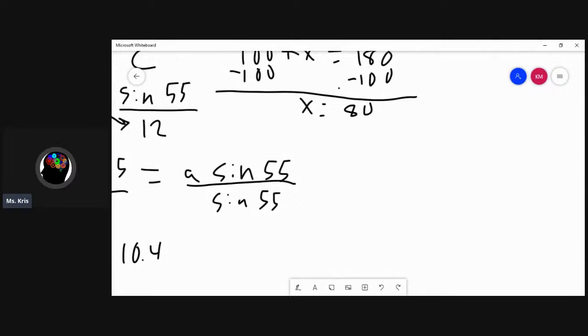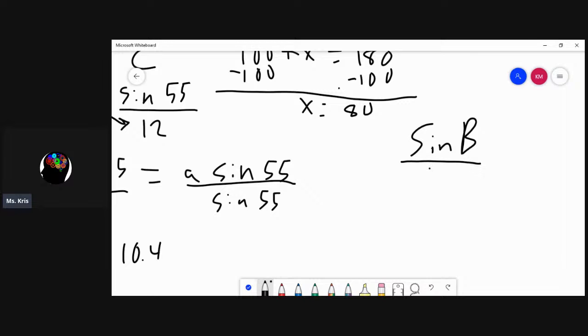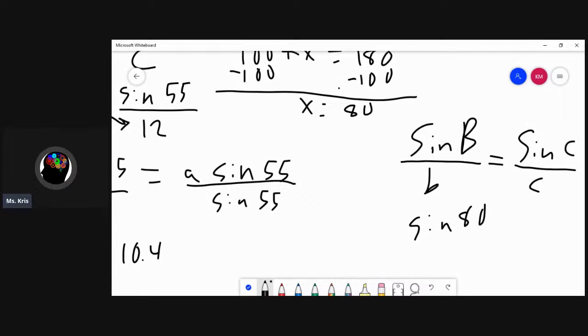Next, we have sine B of angle B over side length that is opposite of B equals sine of C, which is over the opposite side of C. And of course, sine B is 80.